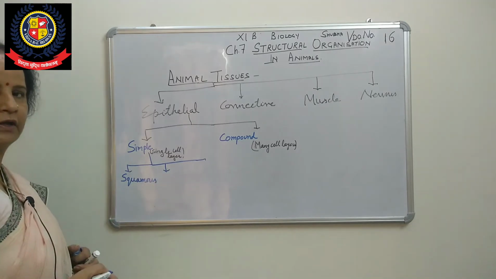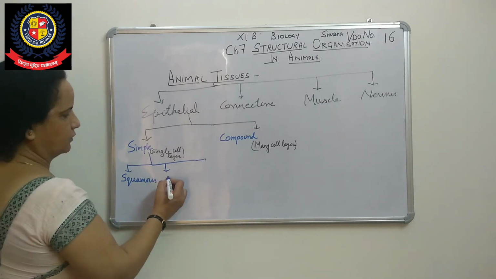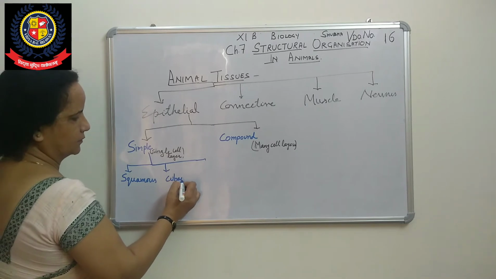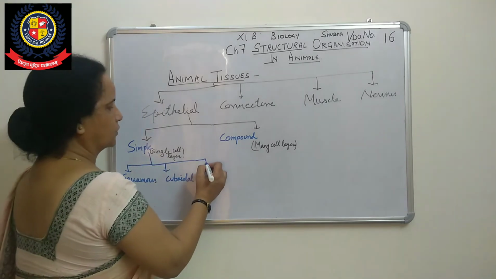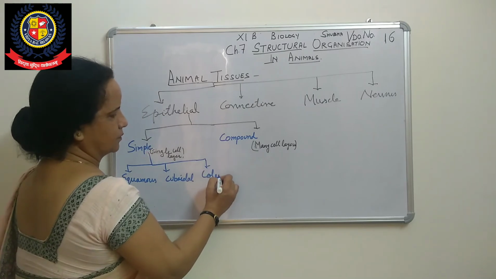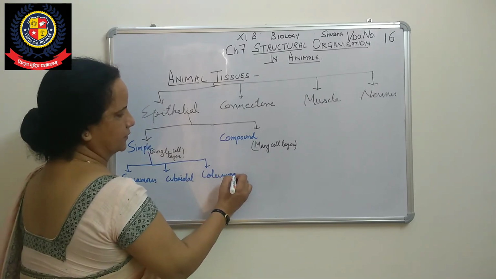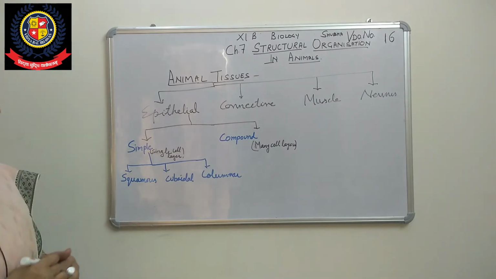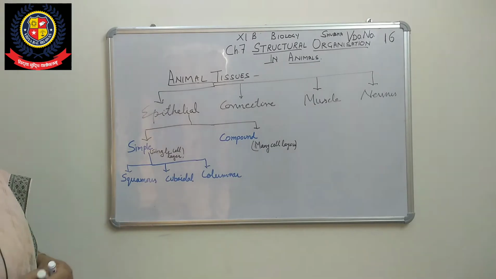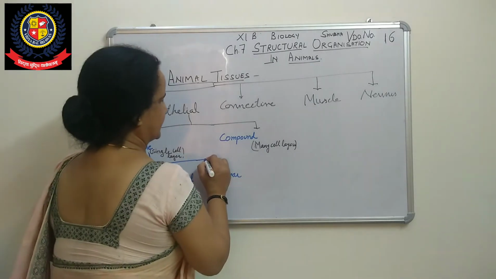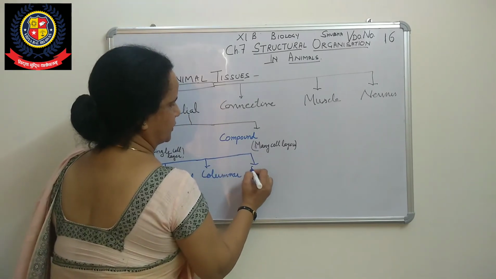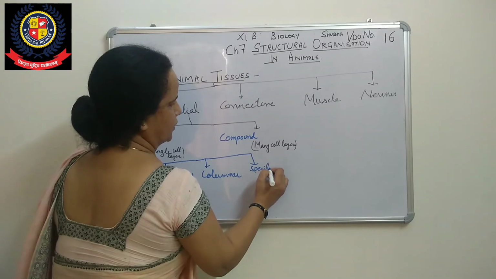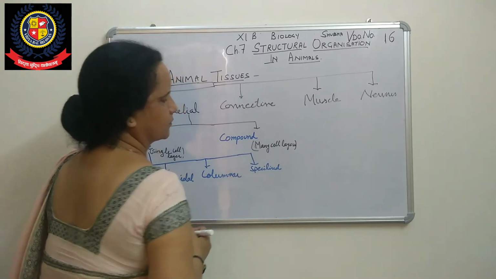In class 9th you have done squamous cells. The second one is called cuboidal cell, and the third is known as columnar cell. And one more we can add here, the special or specialized cells.